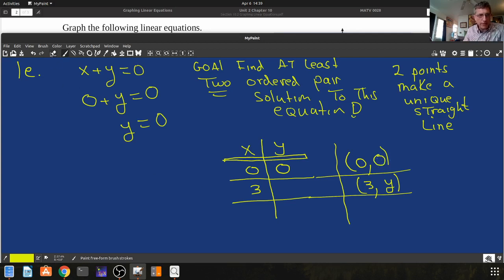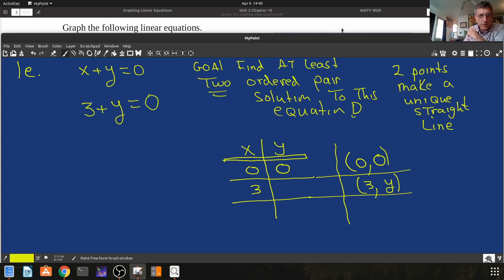So now again, let's start all over, and let's let x be equal to 3. And I know a lot of you can do this and you've already done it in your head. It's fine, you can fast forward. So 3 plus y is equal to 0.